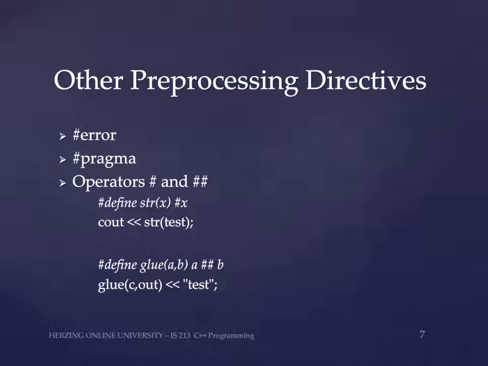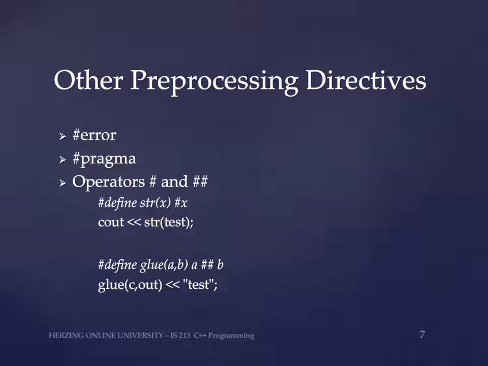We also have another two operators, the # and ##. These are used in function macro definitions, which can accept two special operators in the replacement sequence. If the operator # is used before a parameter in the replacement sequence, that parameter is replaced by a string literal, as if it were enclosed between double quotes.